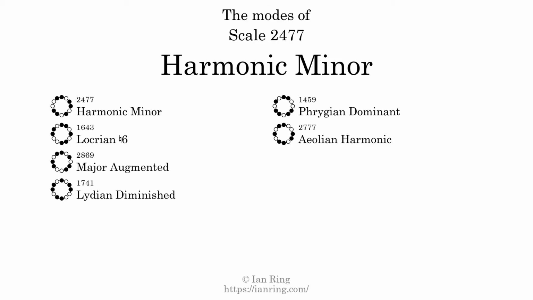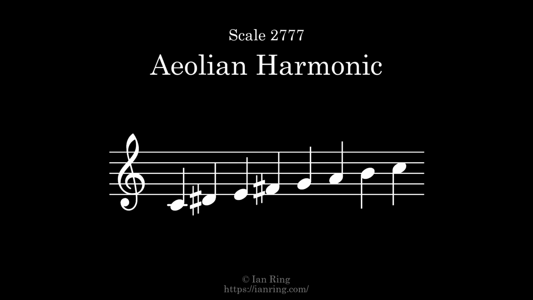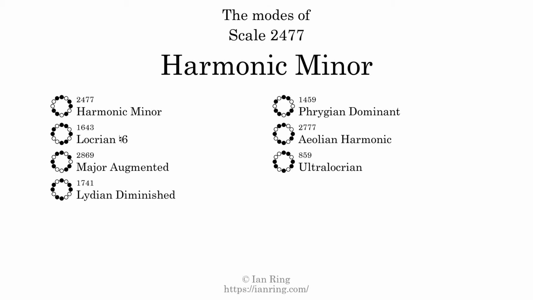The sixth mode is scale 2777, also known as Aeolian harmonic. It sounds like this. The seventh and last mode is scale 859, also known as ultralocrian. It sounds like this.